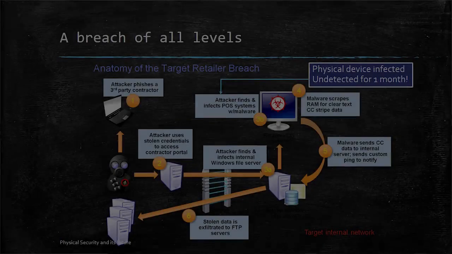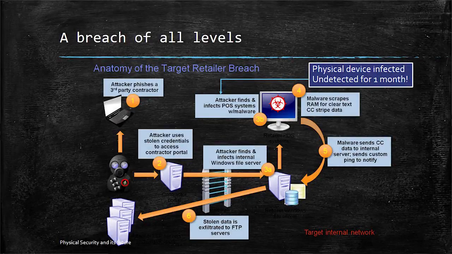When the attacker affects the point of sale infrastructure, the malware scrapes the RAM for clear text stripe data. It could be credit card data or any other card information. Malware sends the card data to an internal server, and sends a custom ping to notify, so you get an input on that.